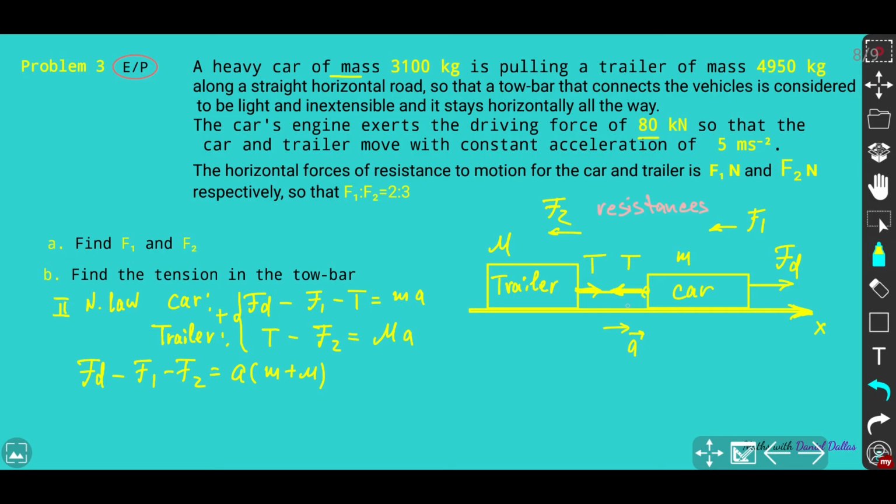All right, so we need to find F1 and F2 separately. That's the first question. We can express from the ratio that F1 is 2/3 of F2. We can plug that into this equation and also plug in all the other values.